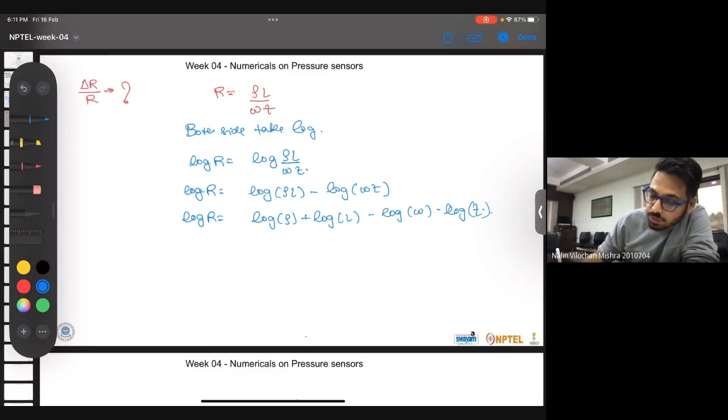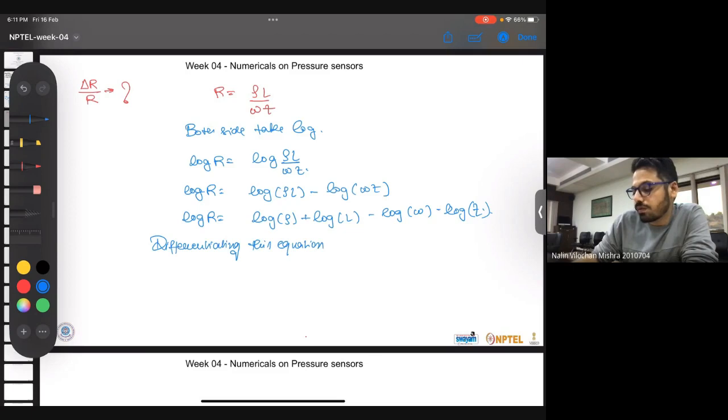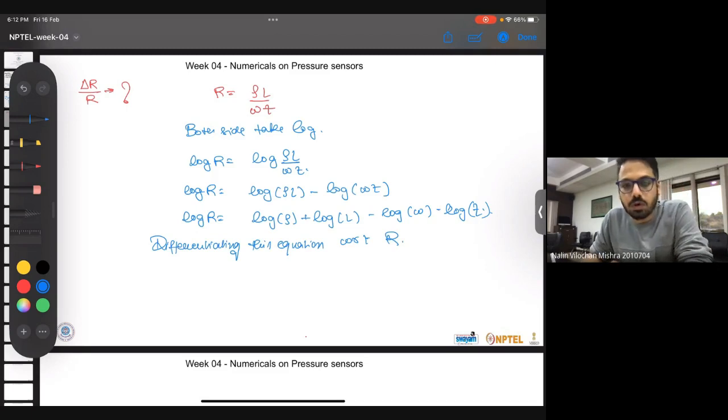Then you need to differentiate this equation with respect to R. So what is the differentiation of log R?